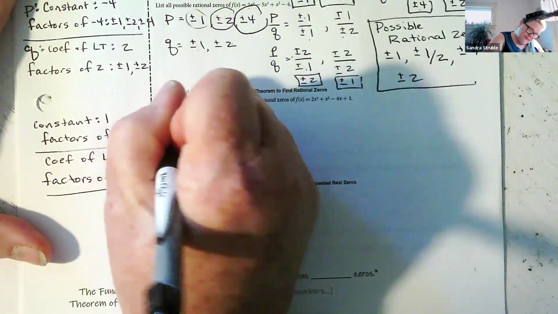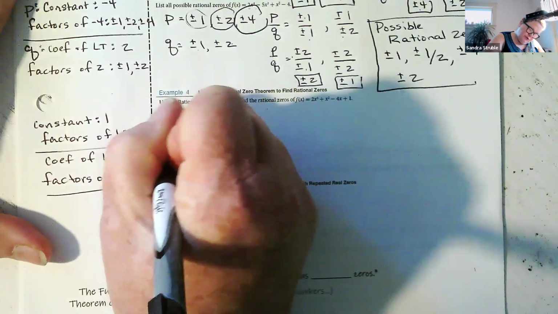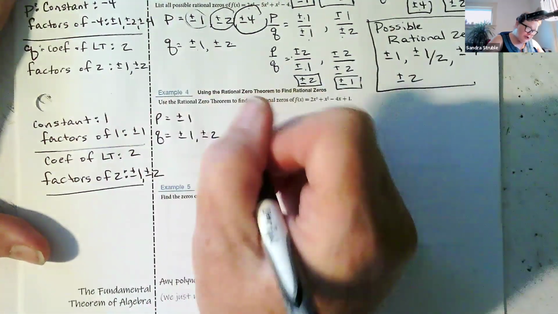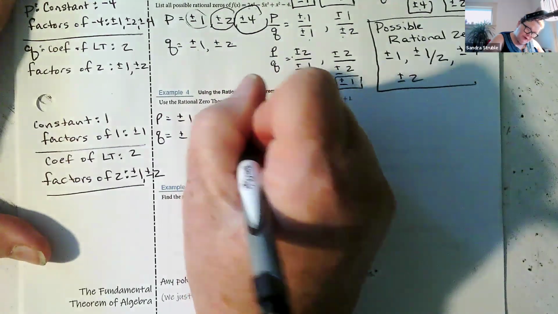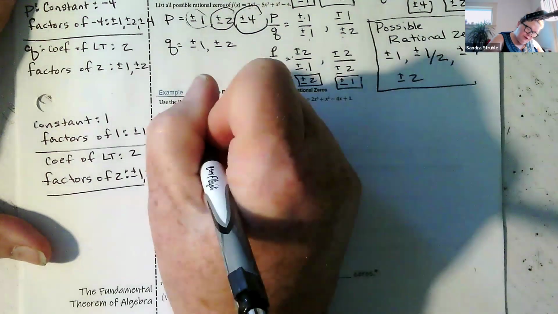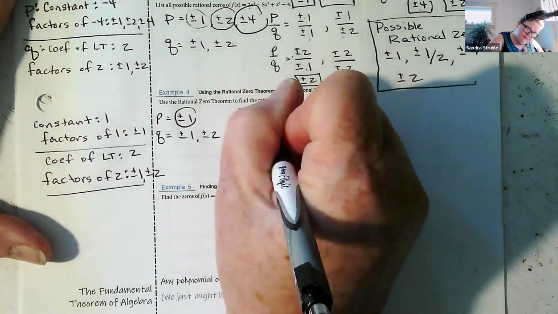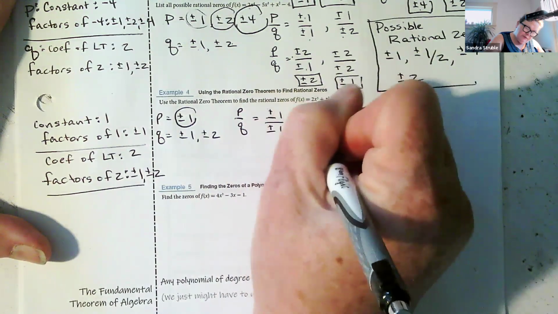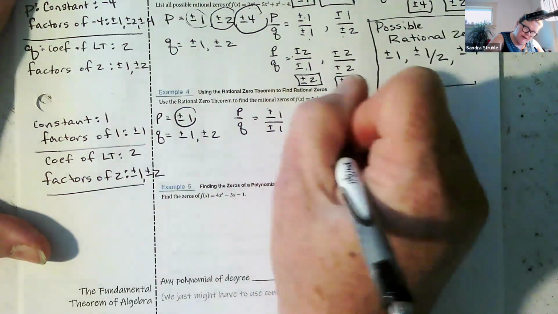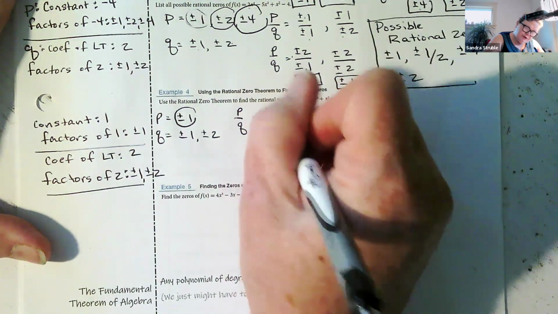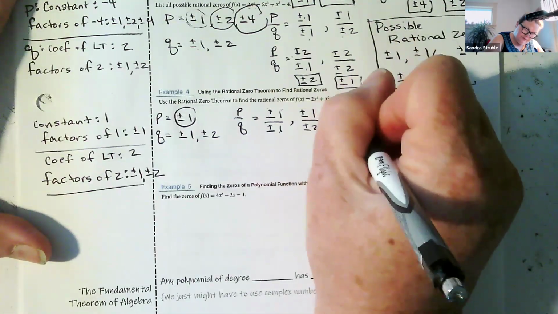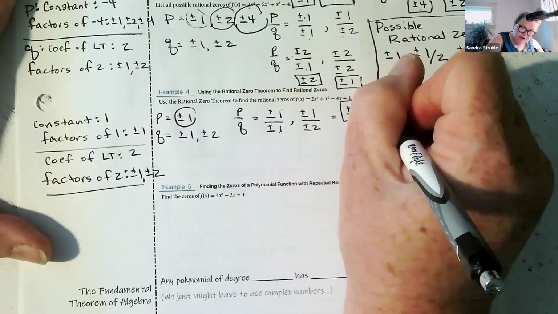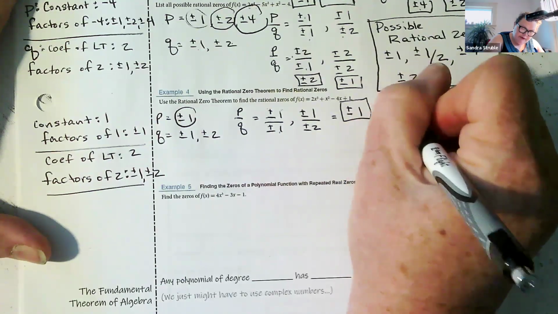So if P is plus or minus 1 and Q is plus or minus 1, plus or minus 2, our possible rational zeros are P over Q, which are plus or minus 1 over plus or minus 1 and plus or minus 1 over plus or minus 2. Now this will reduce to just 1. And this cleans up nicely to plus or minus 1/2.